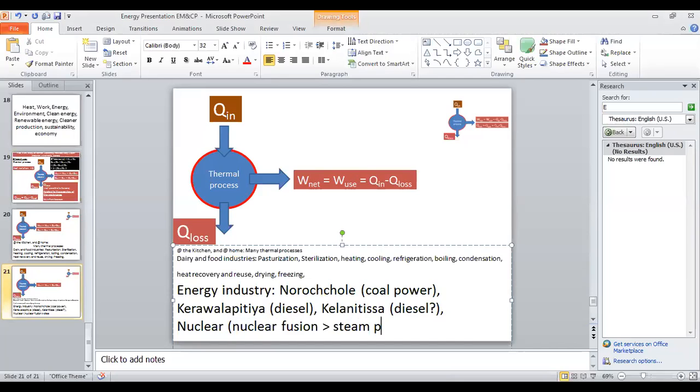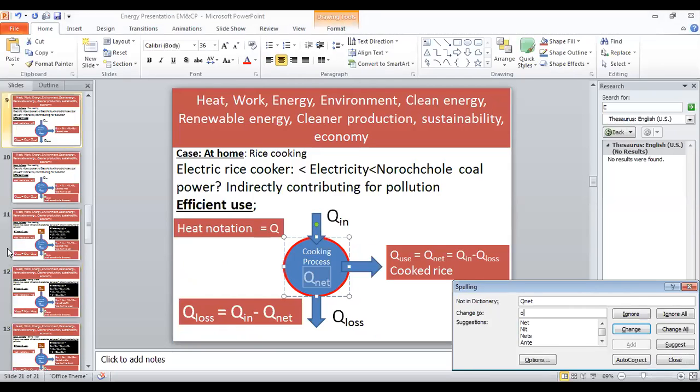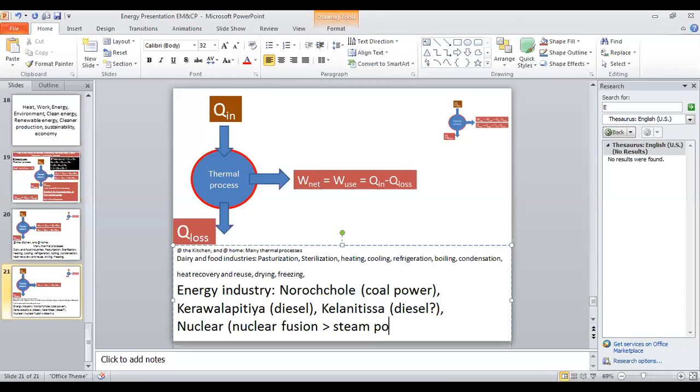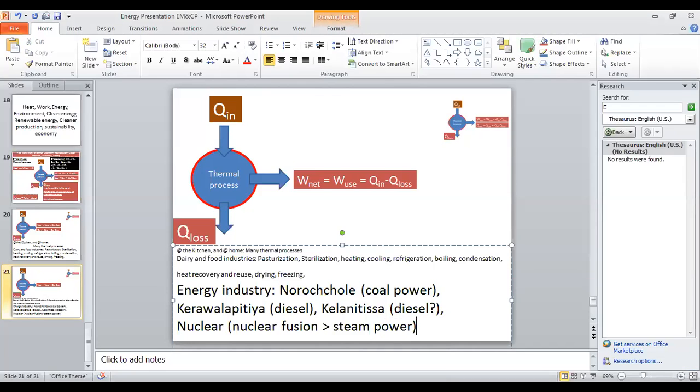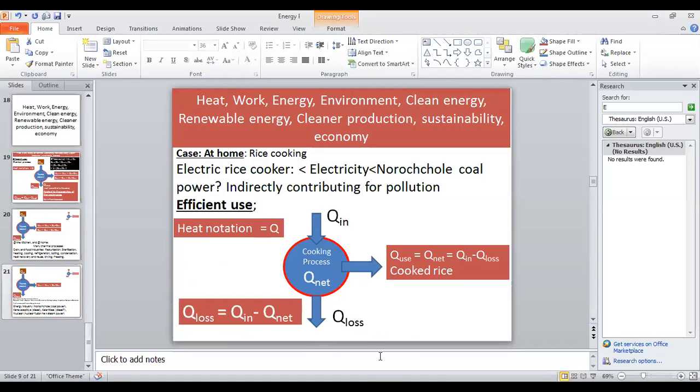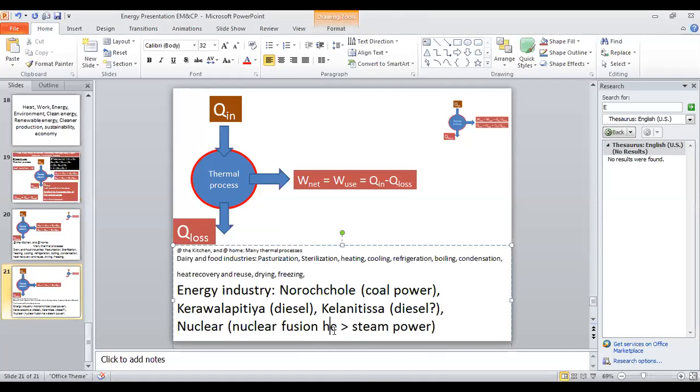Steam power. Then with this steam power, we can run the generators. Nuclear fusion, heat, you generate steam power. Okay.